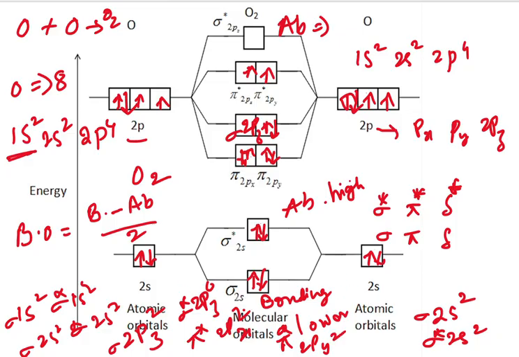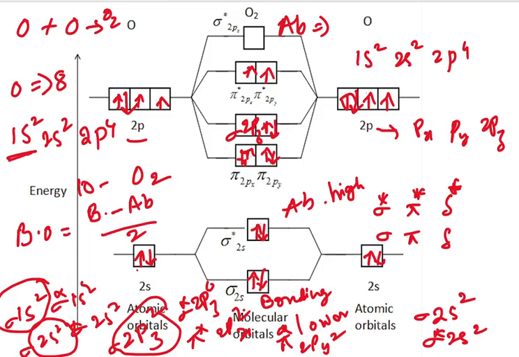Then how many bonding electrons are there? 1s2, 2s2, that is 4, plus 6, that is 10. So the bonding electrons in oxygen are 10. How many anti-bonding electrons?